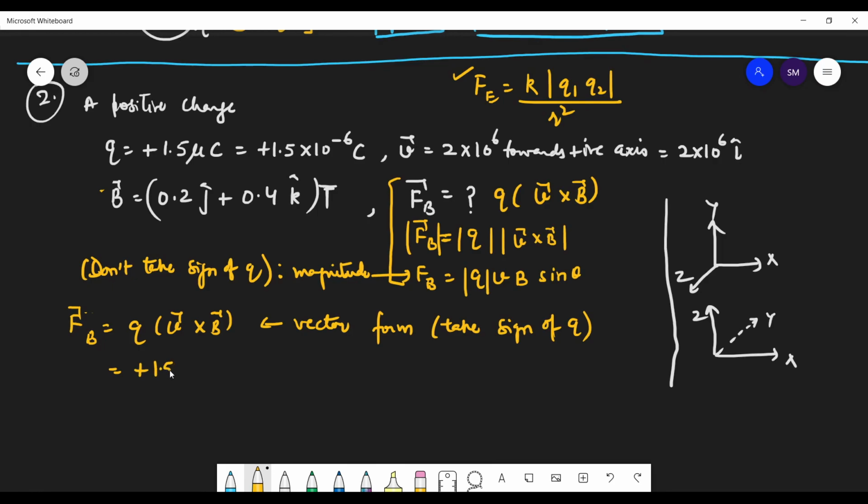So plus 1.5 into 10 to the power minus 6 into what is V? 2 into 10 to the power 6 I cap into B. Students, I need active participation, please.